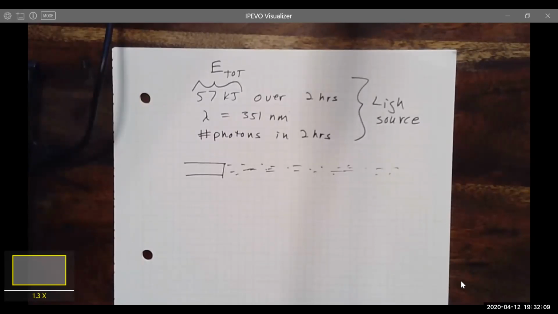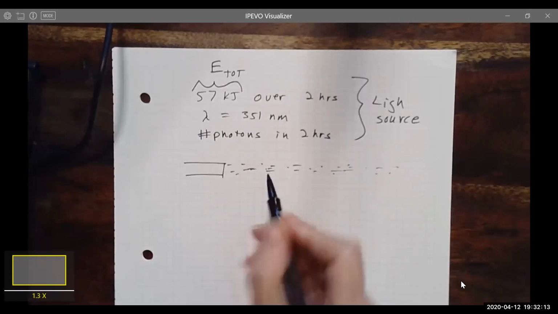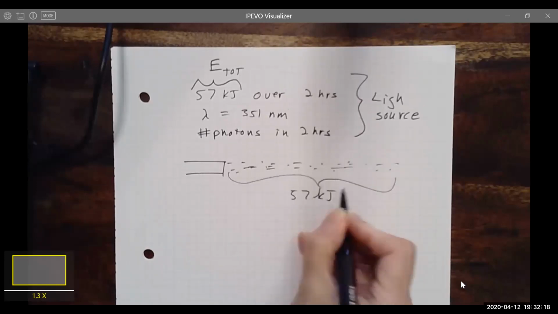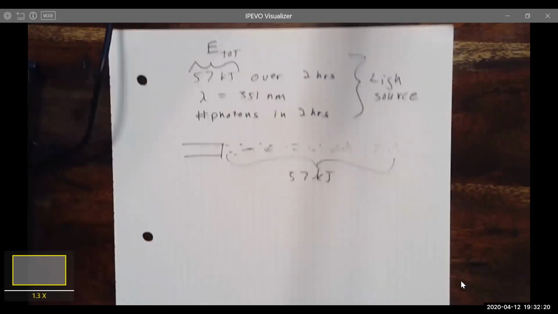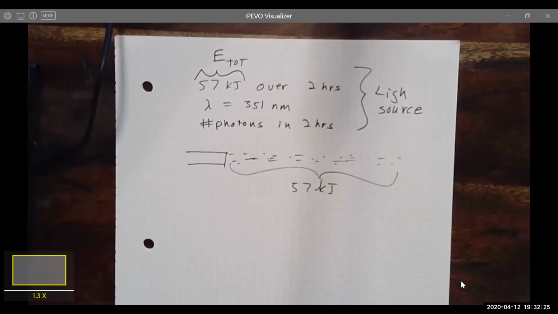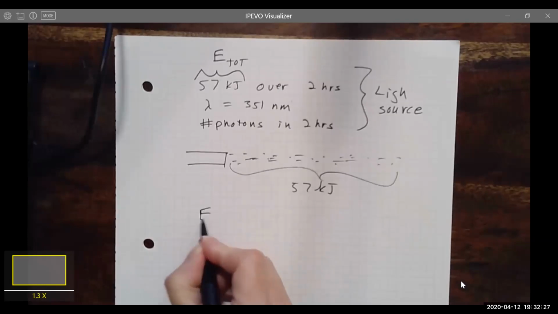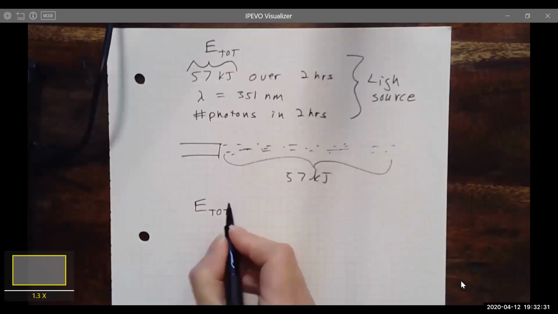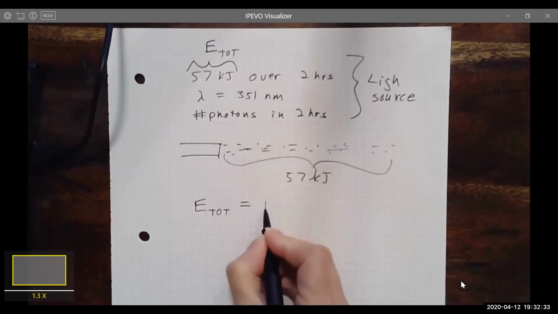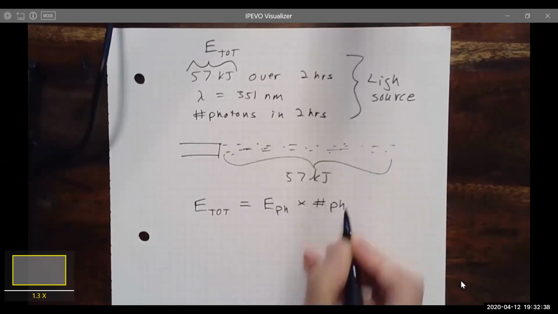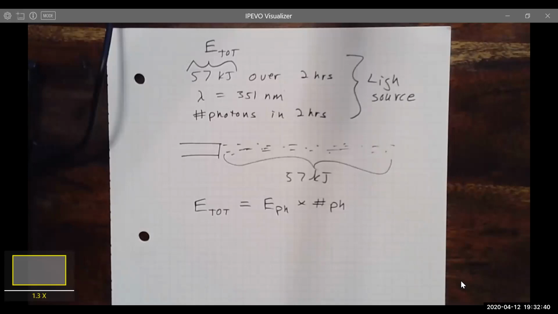So what we know is that over that 2-hour period, the total energy released is 57 kilojoules. That's the total energy of the photons released, and we want to know how many photons that is. We're going to use the equation I mentioned in the last problem: energy total is equal to the energy of a photon times the number of photons, which isn't really an equation of science, so to speak.